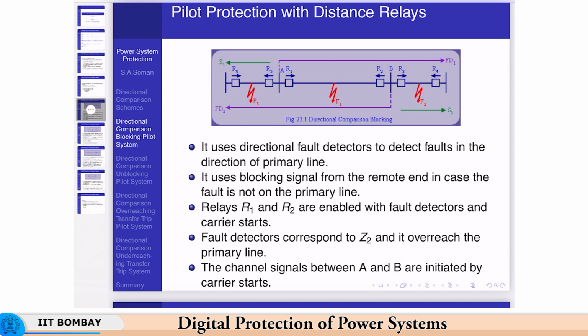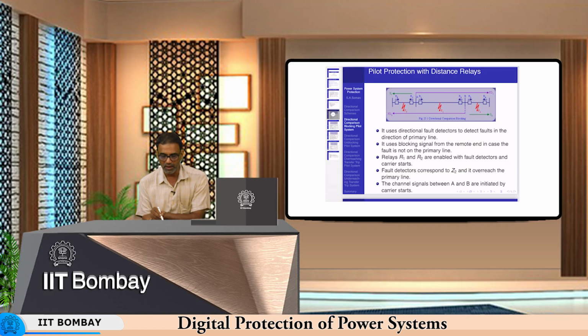So what it does is, it will use information from the carrier starts S1 and S2 to determine whether the fault is on the primary line or not. Okay. So the relays R1 and R2 will have both the fault detector and the carrier start signals coming to them, and they will be enabled or disabled accordingly.